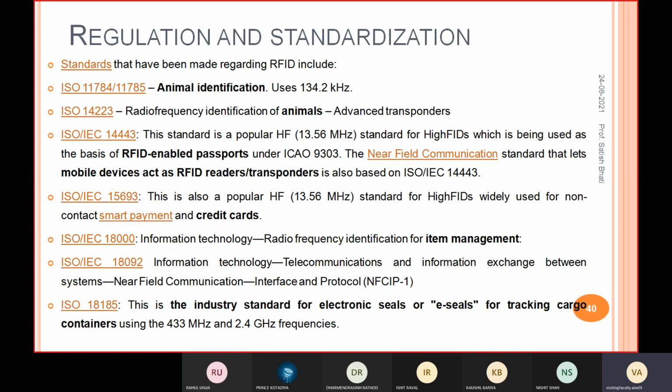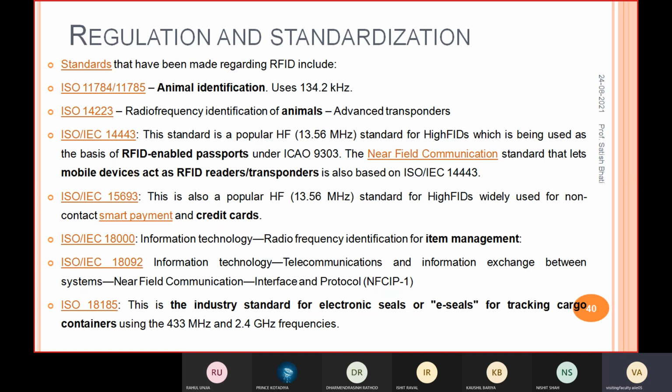For that they also gave the name ISO IEC 14443. So these are all different standards. Then one standard is defined for non-contact smart payment and credit cards. In that they are also using this 13.56 megahertz frequency, and for that they have a different name.